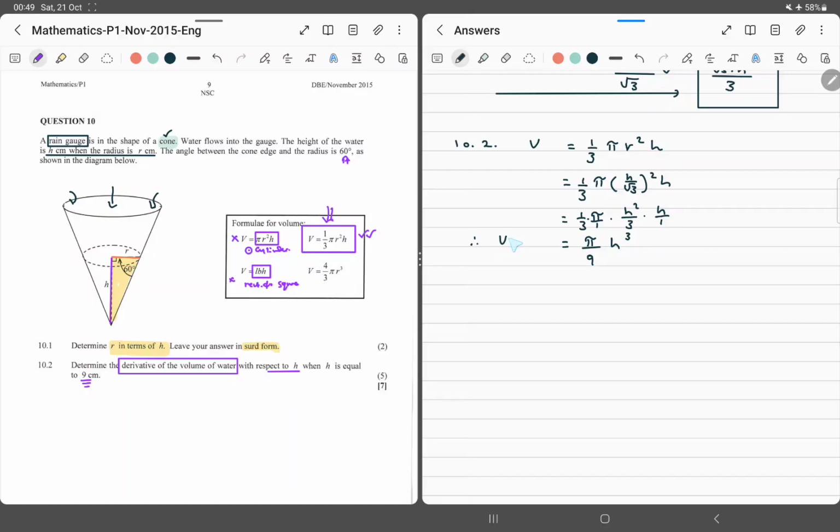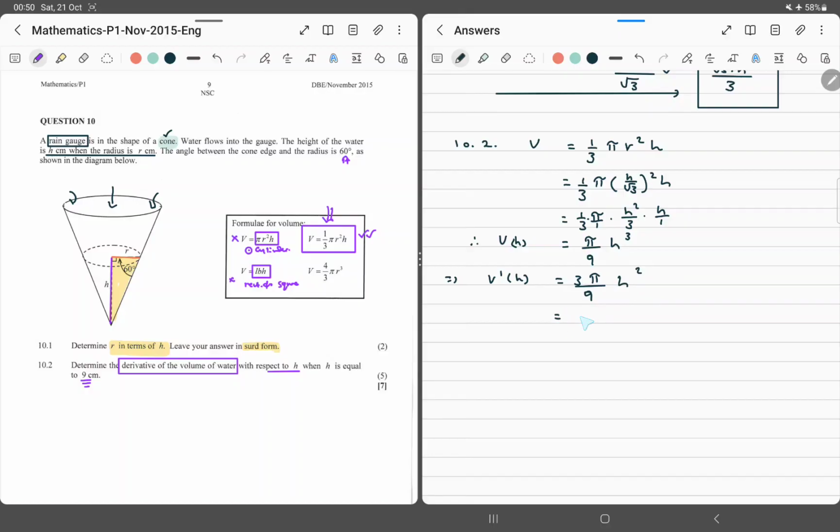So that's the volume in terms of h. So we can say therefore the volume in terms of h is like that. Now we're looking for the derivative of the volume. So this implies that V prime in terms of h is going to be basically 3 times pi over 9 of h squared.